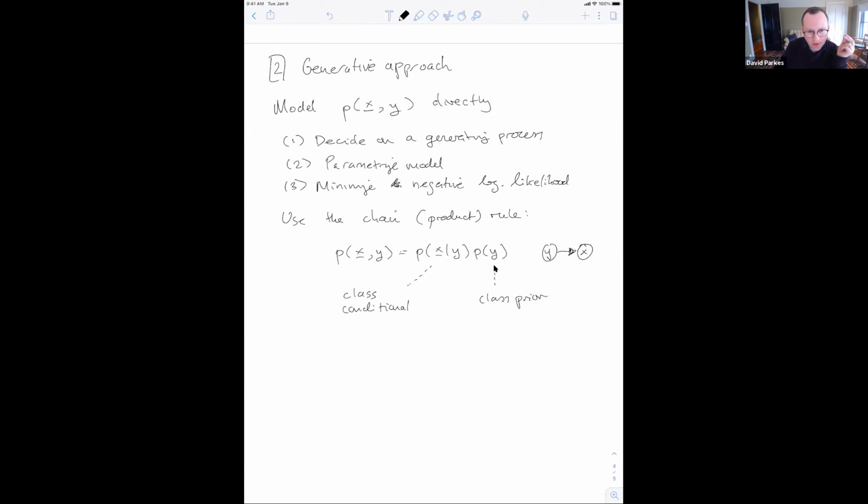And we're going to need to model both of these. This one will be pretty simple. We'll model it for the binary case as a Bernoulli distribution. This one, if the x's are continuous, then we'll be using Gaussians. If the x's are discrete, then we'll be using what we'll call naive Bayes.